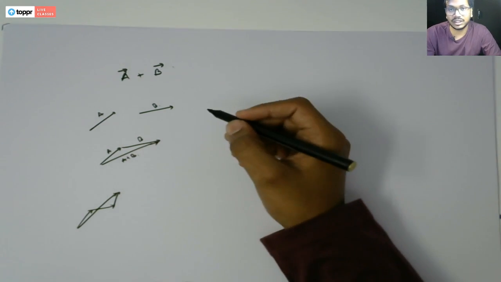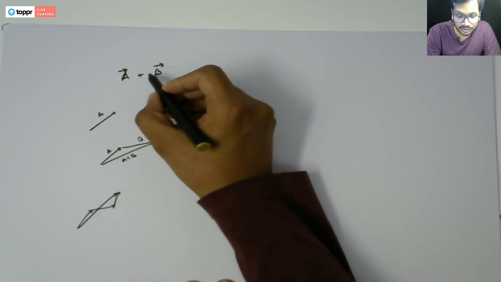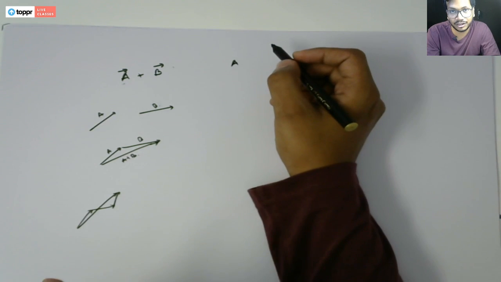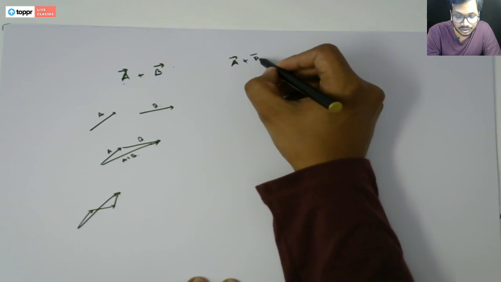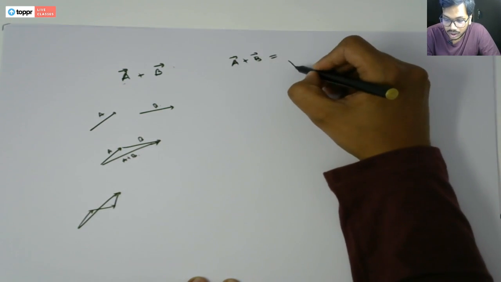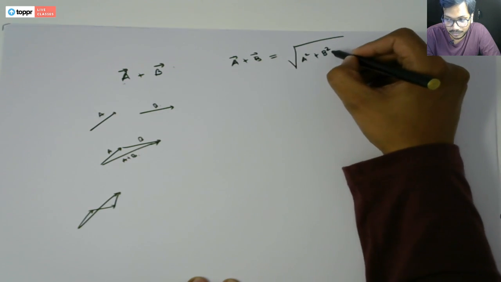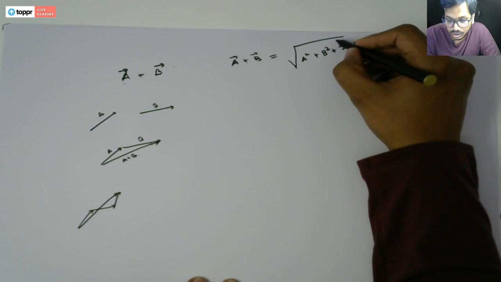And you can do this analytically as well. Now if this is a vector, from now onwards I'm writing A as the magnitude of the vector A. So the magnitude of the A vector plus the B vector can be given by the root of A squared plus B squared plus 2AB cos theta.